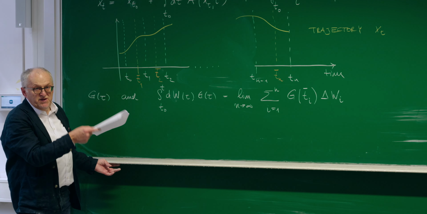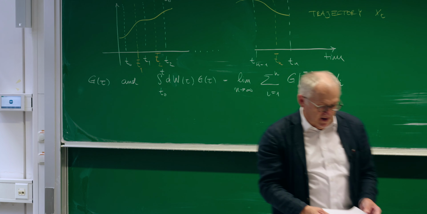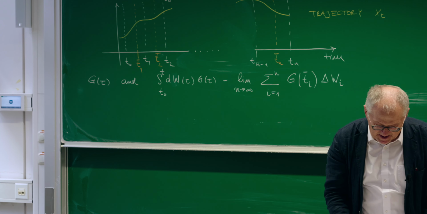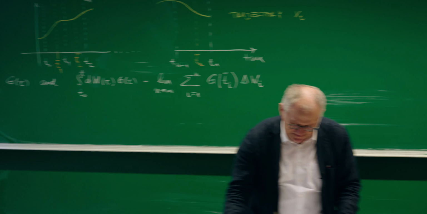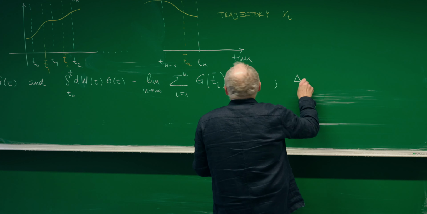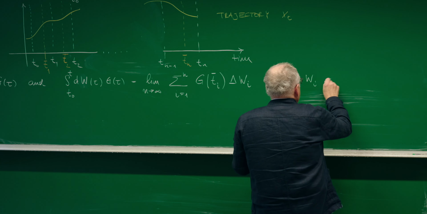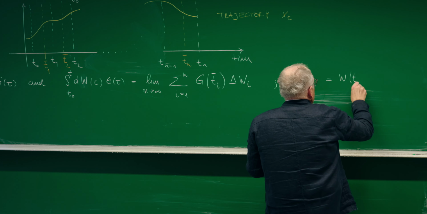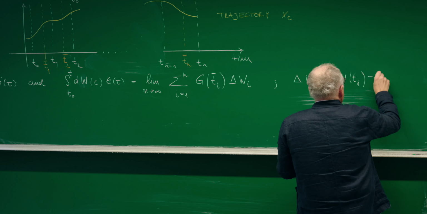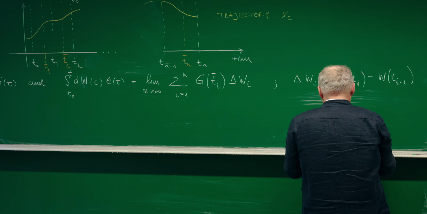Now we just have a definition of what we consider to be a Langevin equation in this differential formulation. Yeah, and this delta w, I have to define this. This delta w of i is w of t of i minus w of ti minus 1.